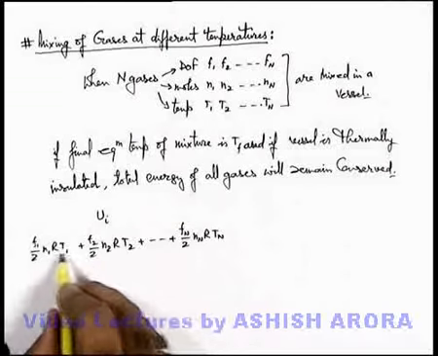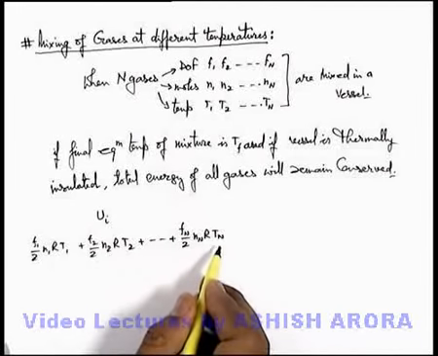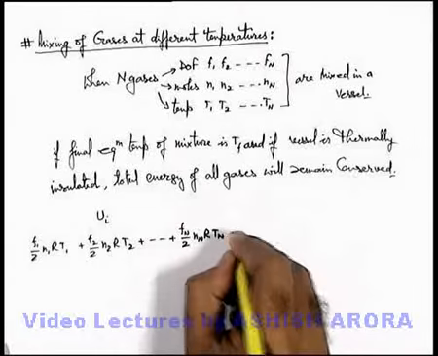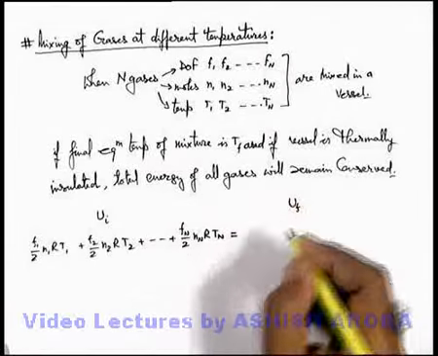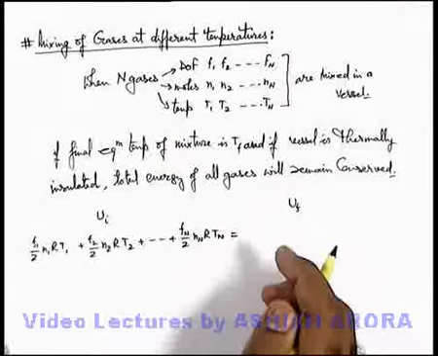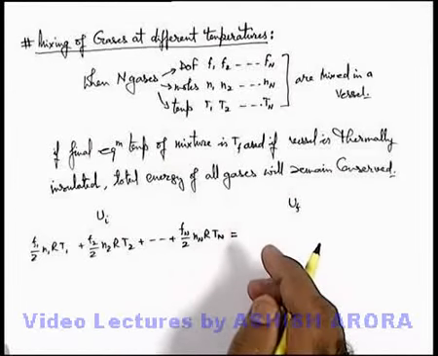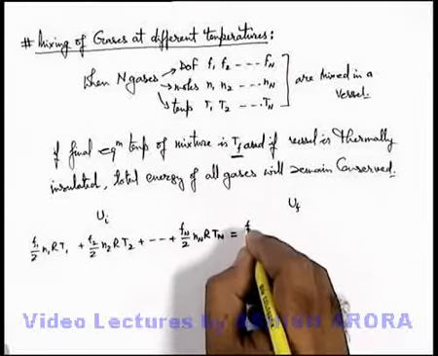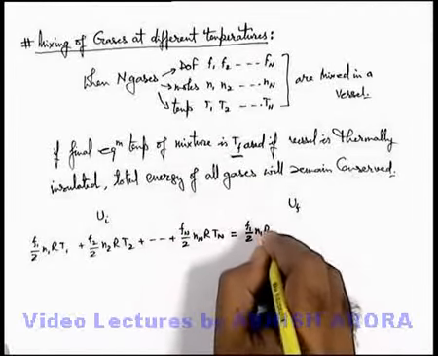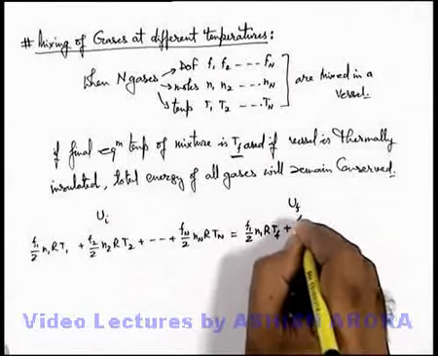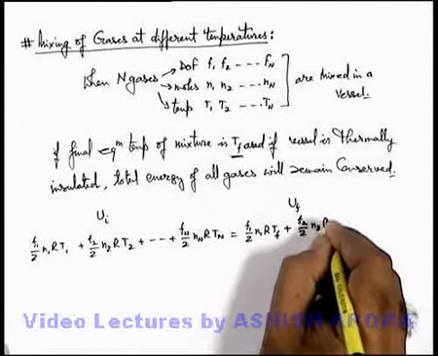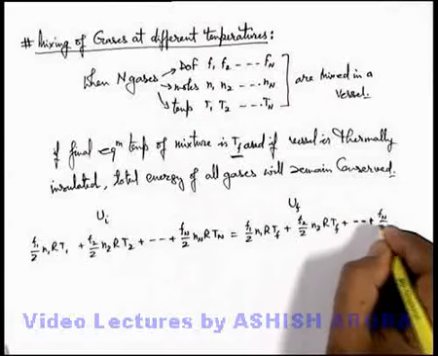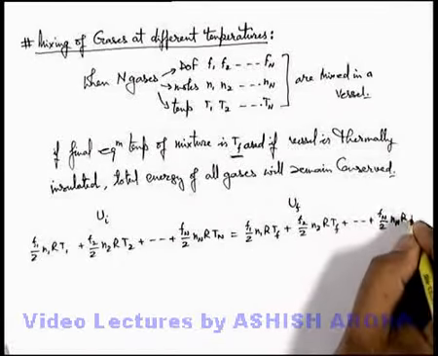As all these gases are at different temperature, the sum of internal energies can be given like this, must be equal to the final internal energy or final total energy of all the gas molecules. So for first gas we can write as finally the temperature becomes Tf. It can be written as F1 by 2 N1 RTf plus F2 by 2 N2 RTf plus and so on up to Fn by 2 Nn RTf.